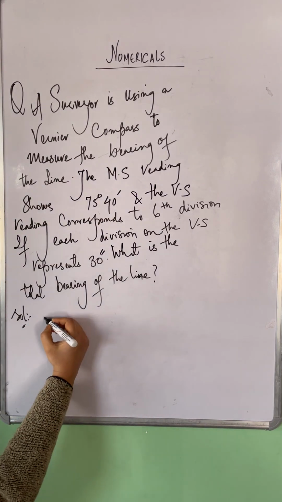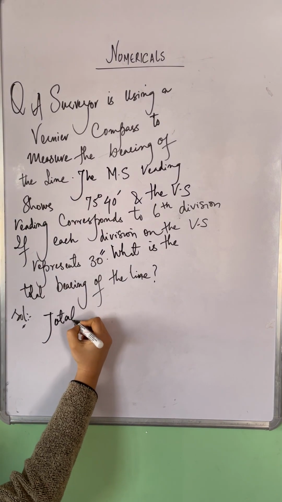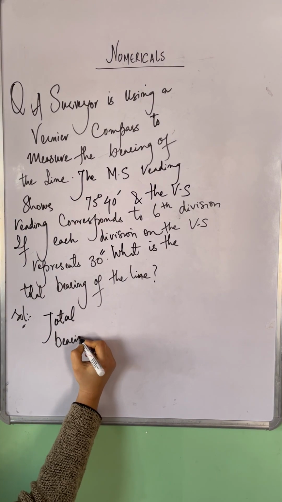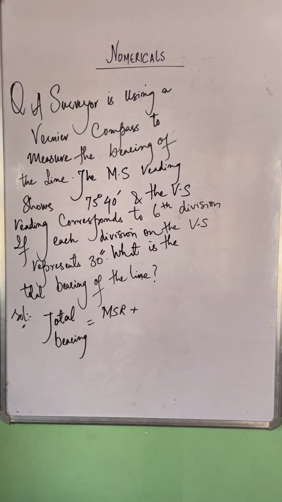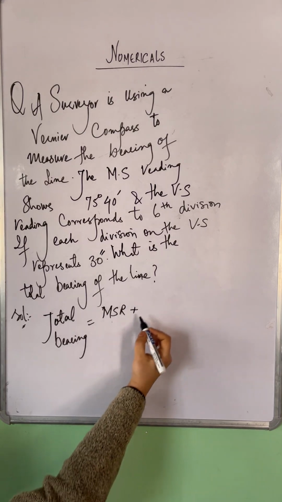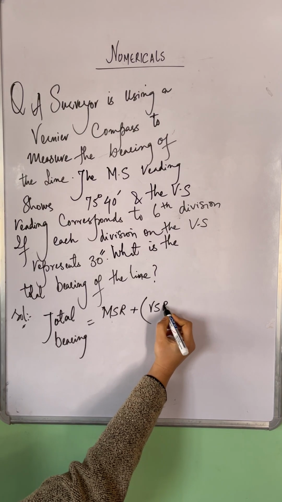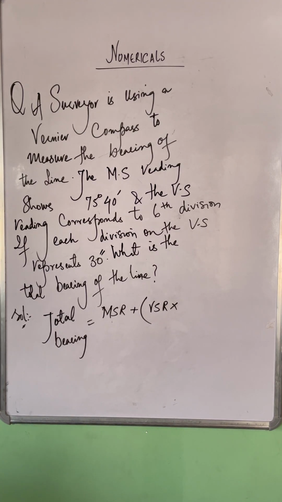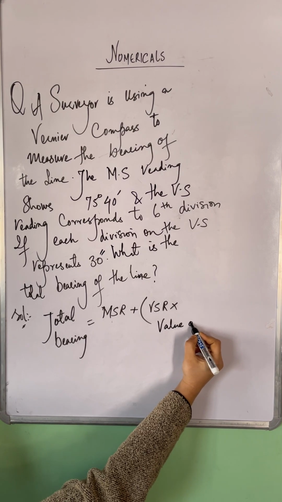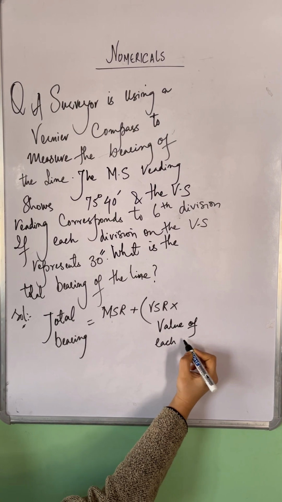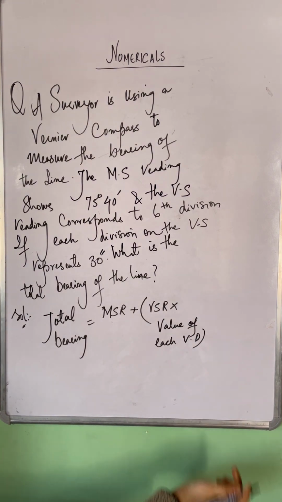Total bearing of the line is equal to main scale reading plus vernier scale reading multiplied by what? Value of each vernier division. Right?